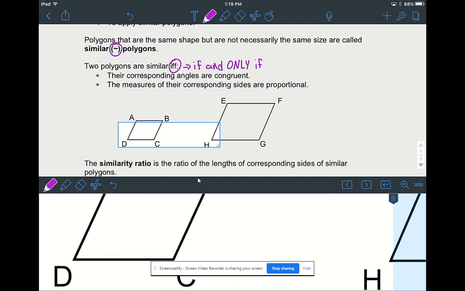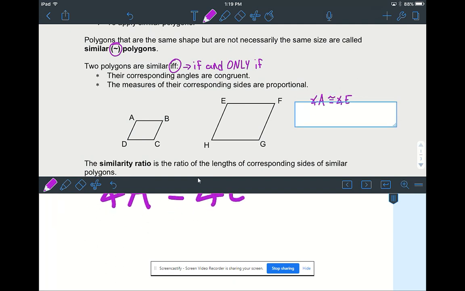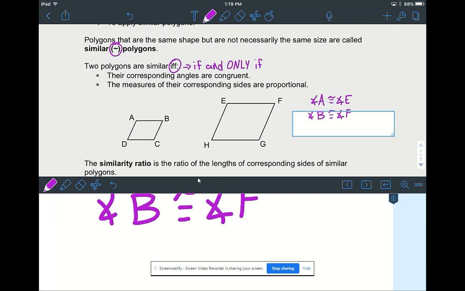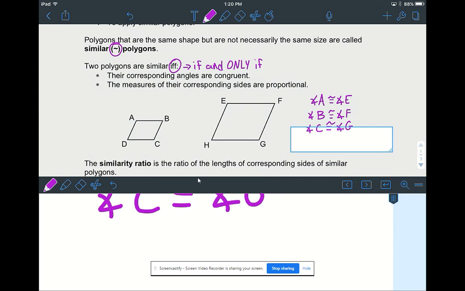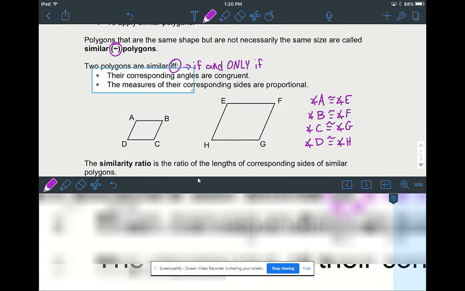in order for the two polygons to be similar. So in other words, we have to have angle A congruent to angle E, angle B congruent to angle F, angle C congruent to angle G, angle D congruent to angle H. So that would suffice for the first one.